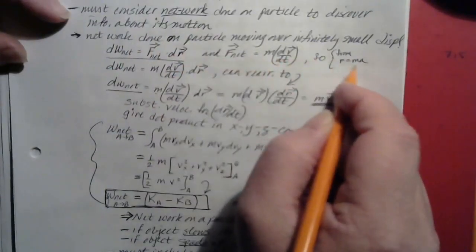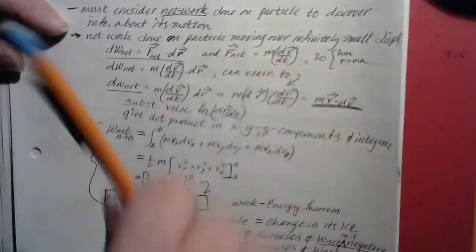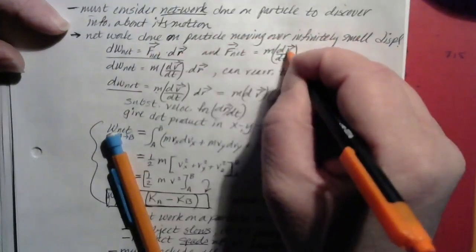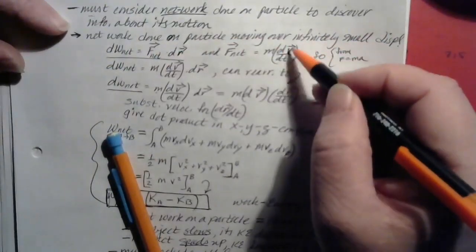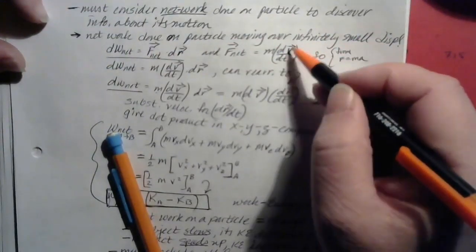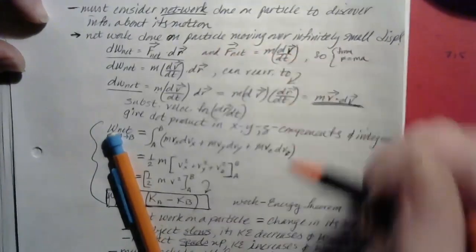And we know from Newton's second law, F equals ma, that the net force is equal to mass times acceleration, and acceleration is dv dt, that is the change in velocity with respect to time.